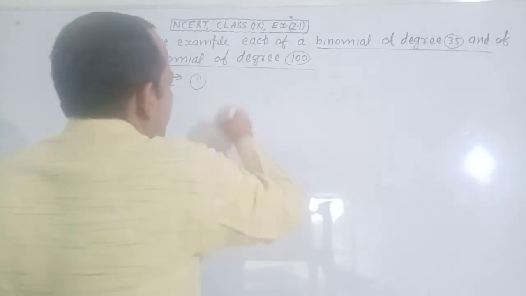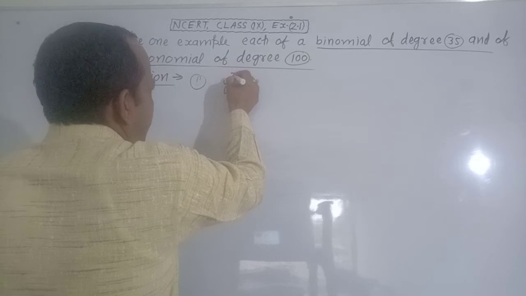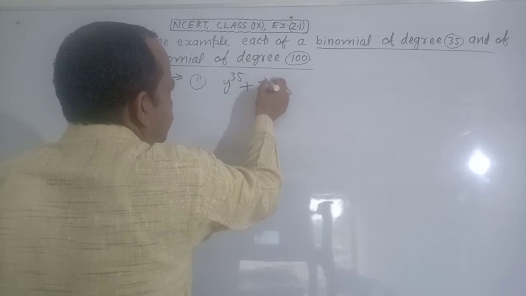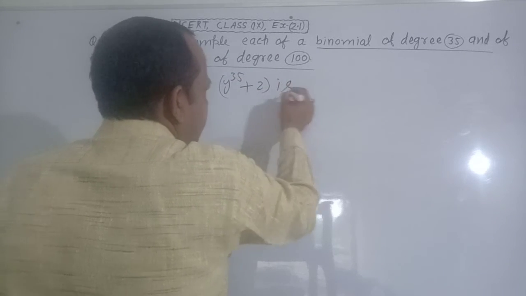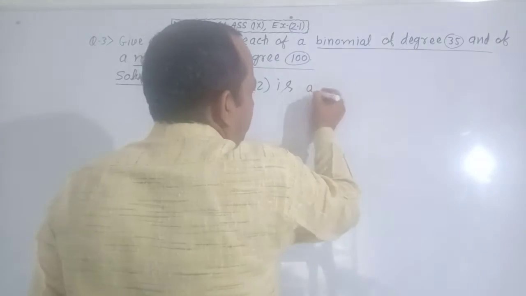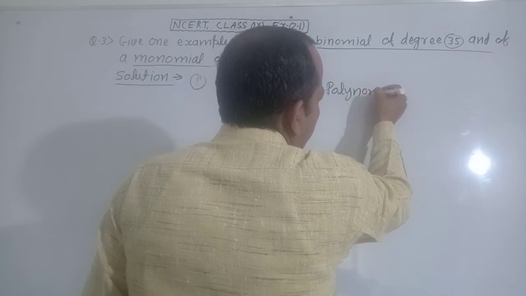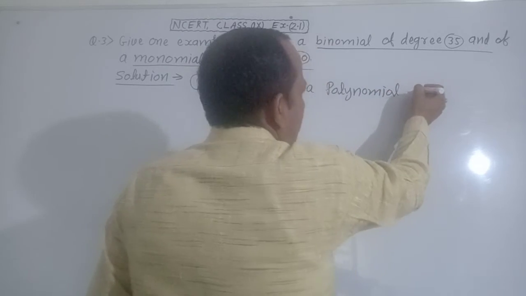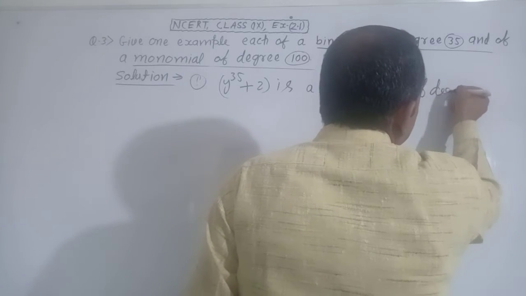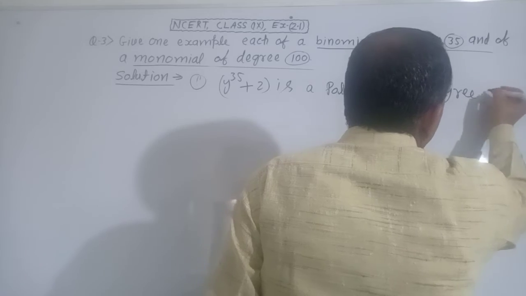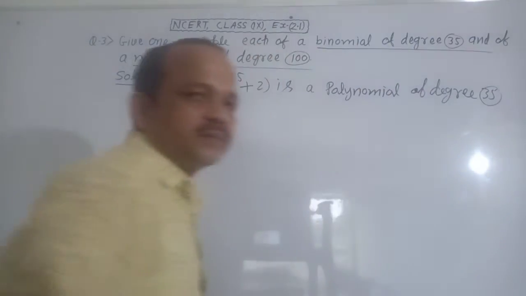First, y power 35 plus 2 is a polynomial of degree 35.